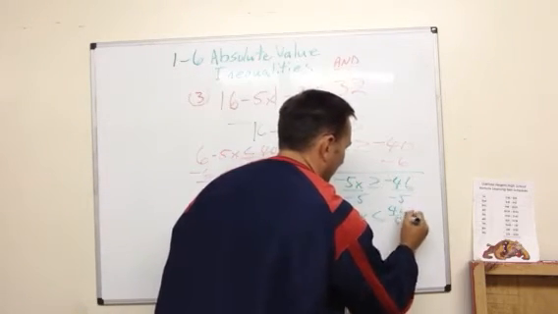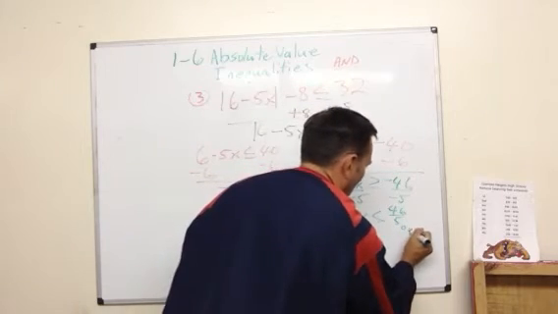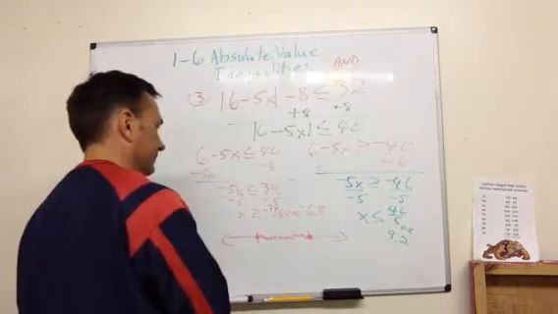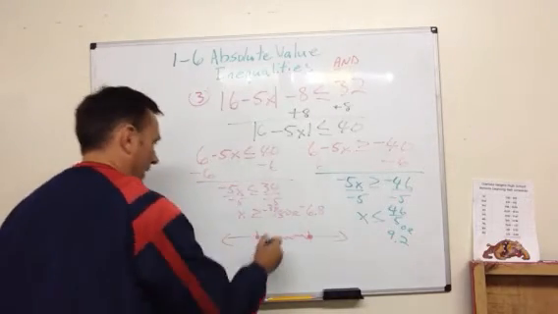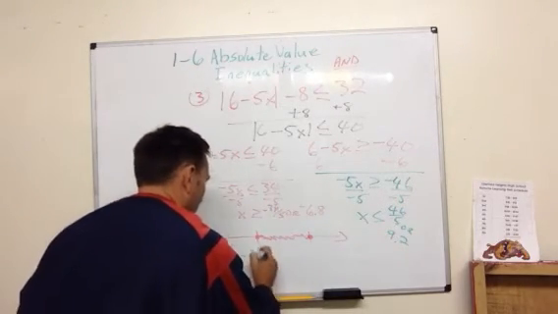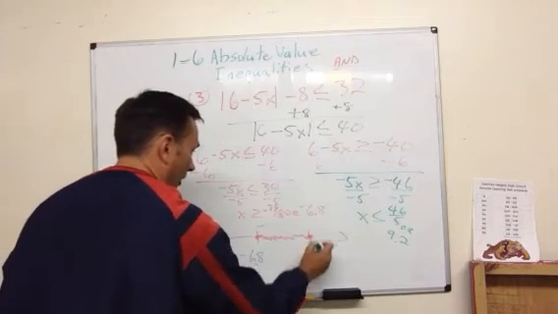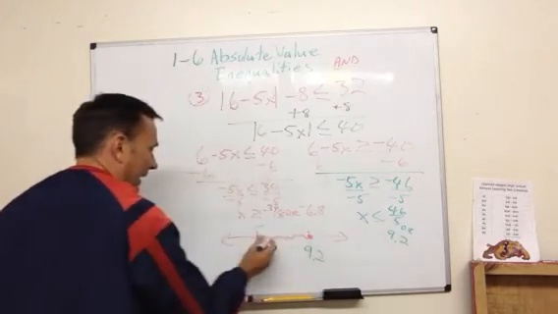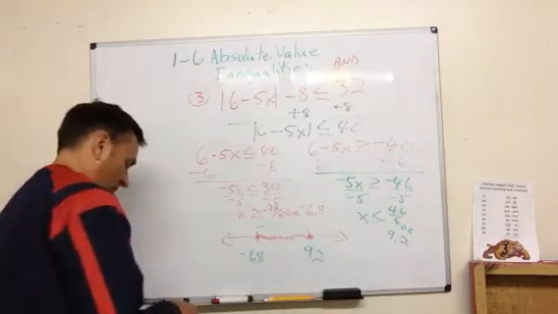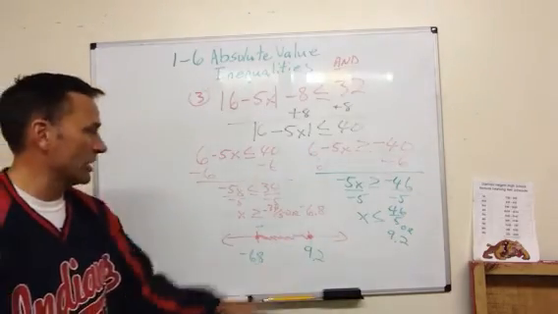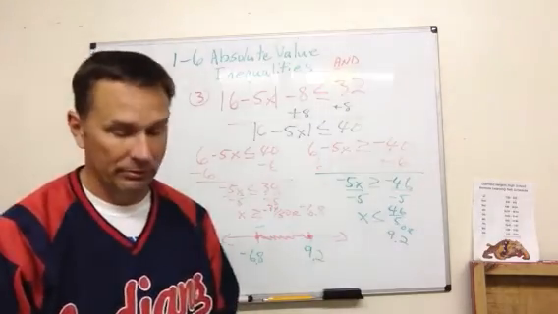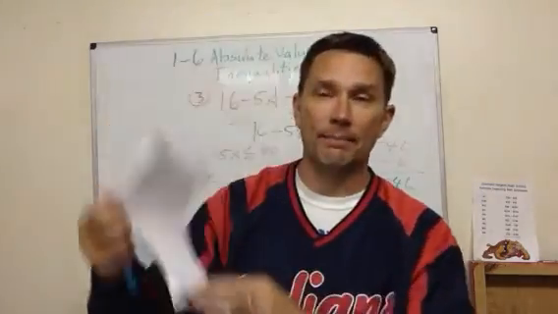Positive 46 fifths or positive 9.2. So, negative numbers over here, and it says it's greater than, it's going that way. Positive 9.2 here, it says it's less than, and I can verify that I am shading in the middle. So, in summary, that's what you want to include here at the bottom.